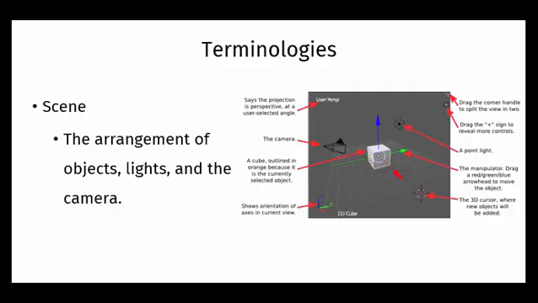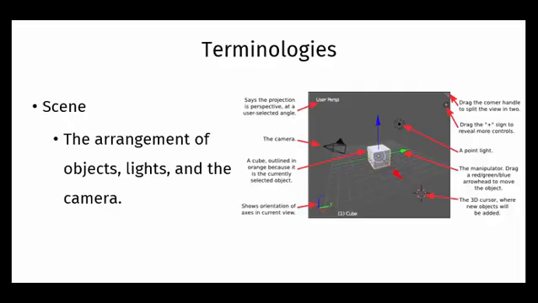You decide where the characters or objects are placed, where the lights are coming from, and where the camera is positioned. In 3D software, we do the same thing. We can have a 3D object such as a cube, a light to illuminate it, and a camera that determines what you see.